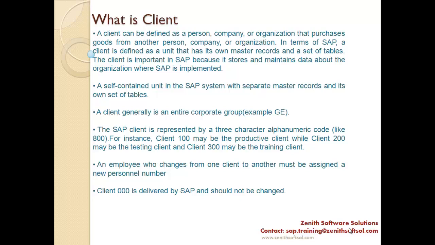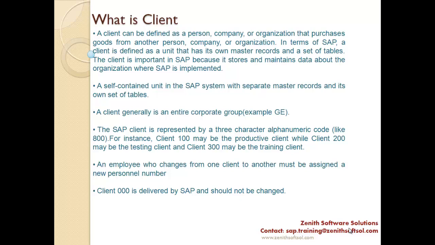So a client is a self-contained unit in the SAP system with separate master records and its own set of tables. For example, we are logged in client 800. In the previous lecture you must have seen that we logged in client 800.